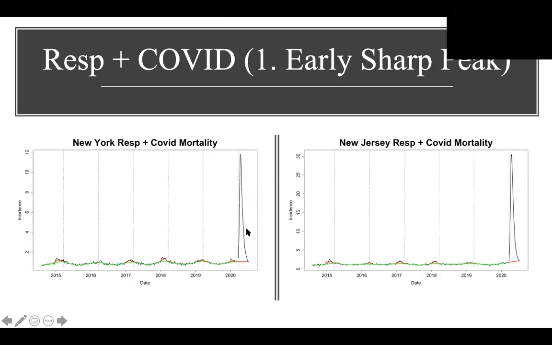The red lines show the predicted or fitted values based on pre-pandemic conditions. The green lines show the seasonal baseline. As shown in both cases, there is a very sharp increase in respiratory and COVID deaths after the national emergency is declared.